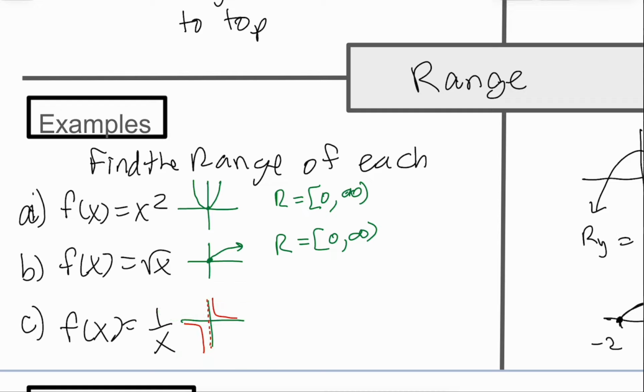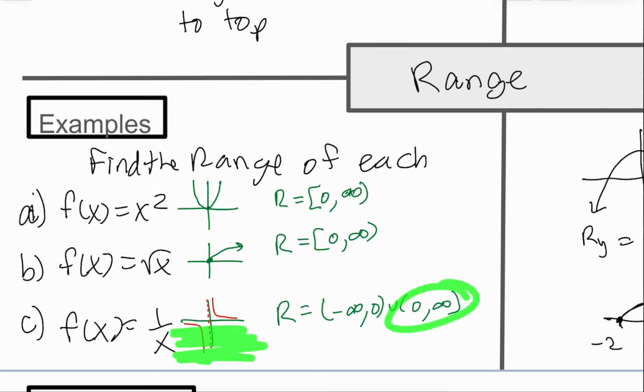So the way we would write this one is that our range goes from negative infinity to 0, skips it, and keeps going. Now that is very common with a 1 over x type of equation, 1 over x, 1 over x plus 2, 1 over x minus 4. They're all going to have an asymptote at one point, and we designate that as, oh, here's a piece down here, and there's a piece up here. There's a separation between the pieces at 0.